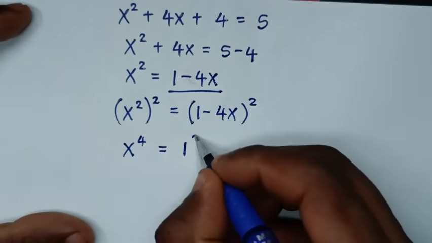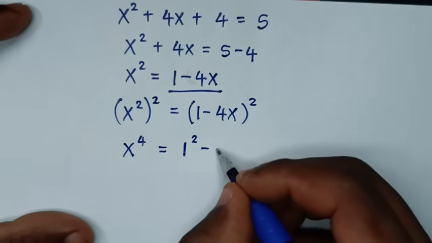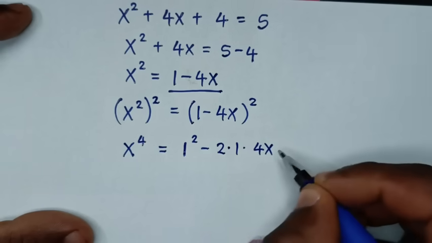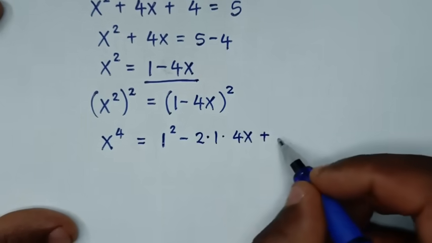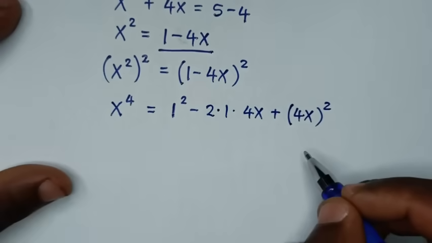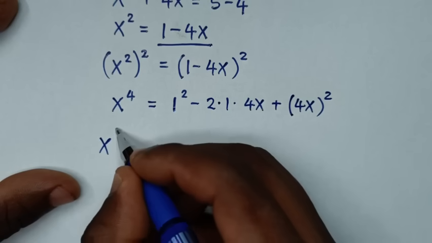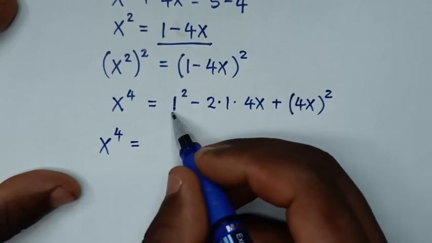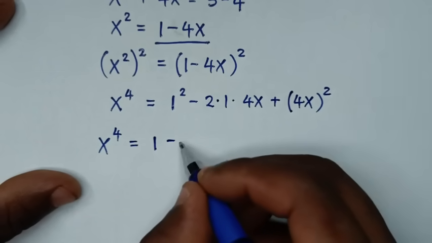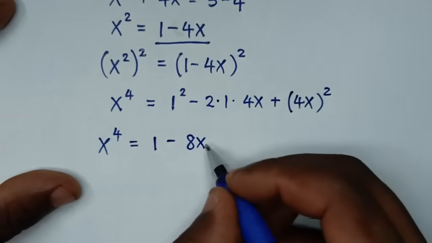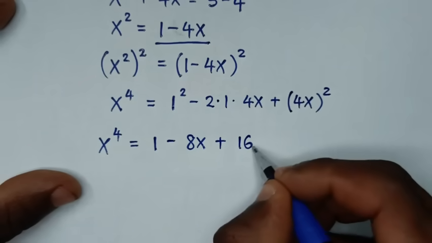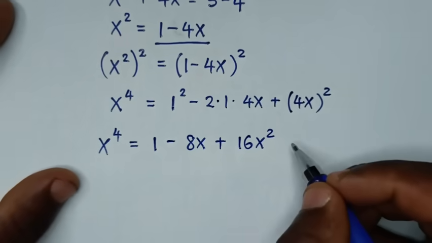So it will be 1 squared, then minus 2 times 1 times 4x, then plus 4x bracket squared. Then it will be x to the power of 4 is equal to 1 squared is 1, minus 2 times 4x is minus 8x, then plus 4 squared, it is 16x squared.